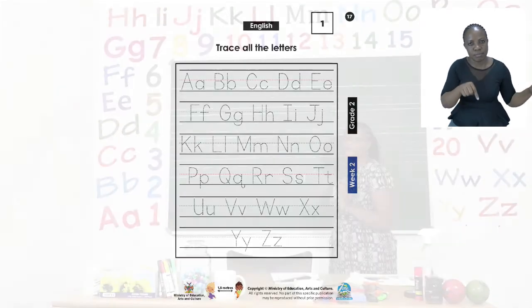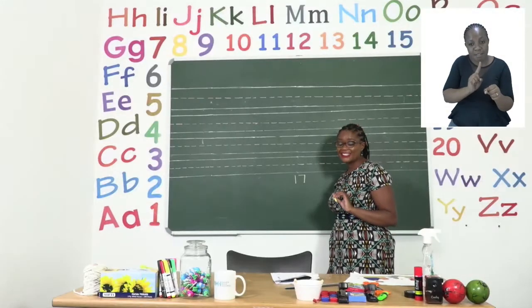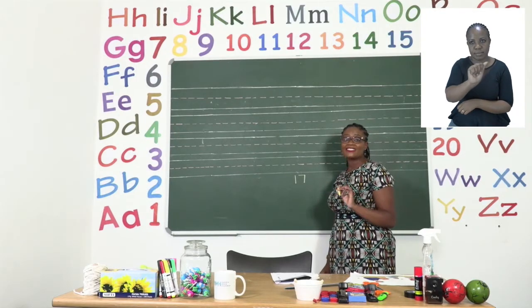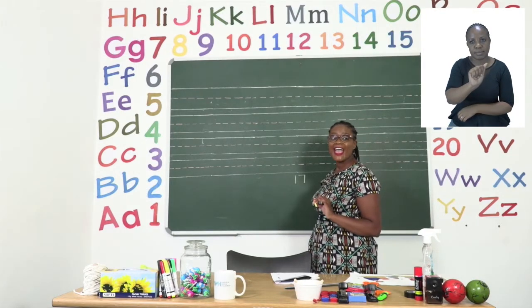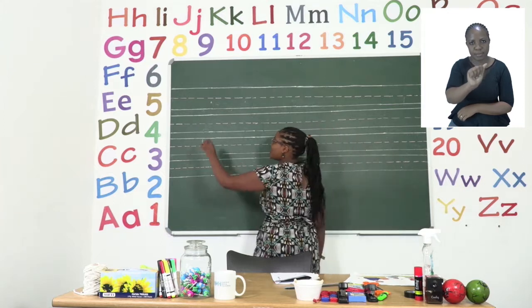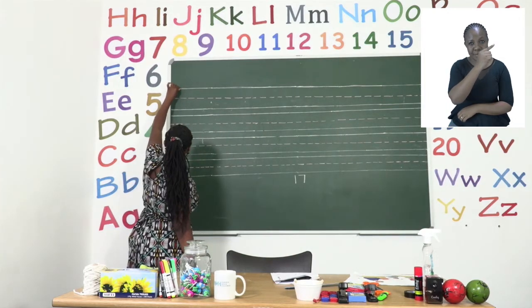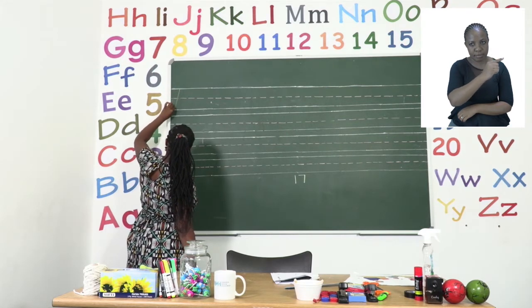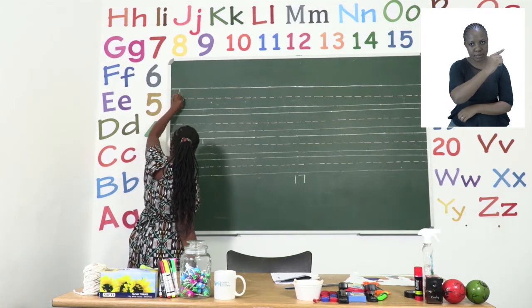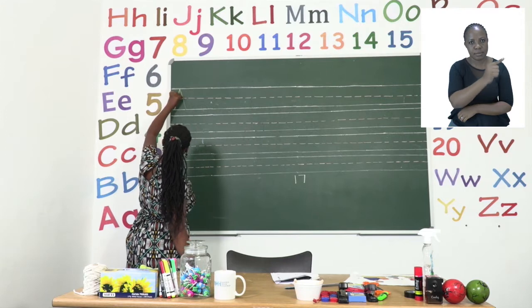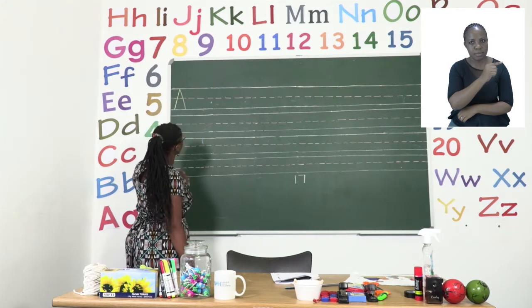We have the first letter, which is A. And the sound that A makes is A. So let us trace. We start at the top and we go down and then down and across.